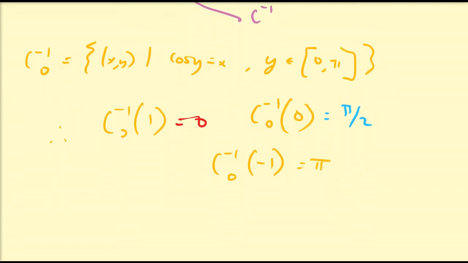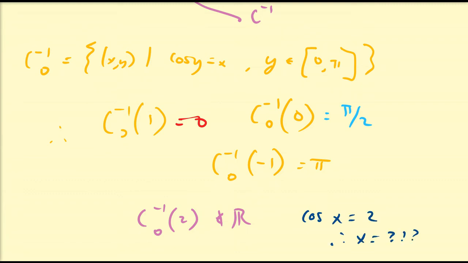Now, if I go beyond this, what about C inverse subscript 0 of 2? What is the inverse image of 2? That means the cosine of something is equal to 2. Well, this is not in the set of real numbers. This is pretty much asking, cosine of x is equal to 2, therefore x is equal to question mark.